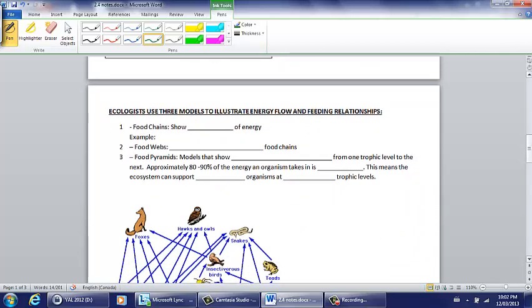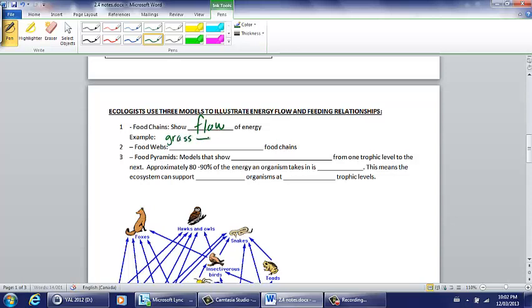Flipping over the next page, we're going to look at the models that ecologists use to illustrate energy flow and to illustrate feeding relationships. And there are 3 different types. Starting with the simplest one, food chains. Food chains simply show the flow of energy. For example, starting with a producer, we could have grass.